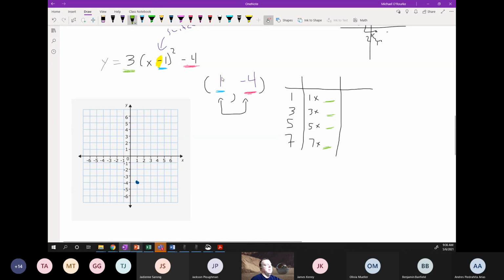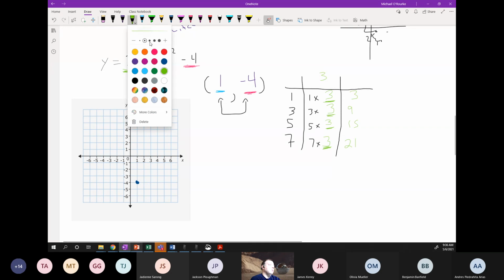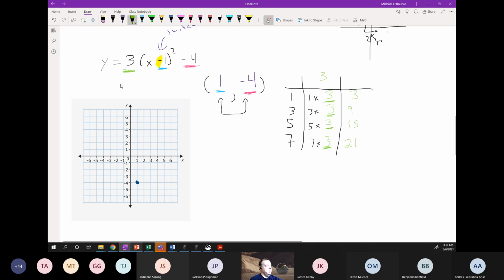Now, my A value is 3, right? So I'm going to multiply all this by 3. So 1 times 3 is 3, 3 times 3 is 9, 5 times 3 is 15, 7 times 3 is 21. So here's my new step pattern. I'm going to go over 1, up 3.